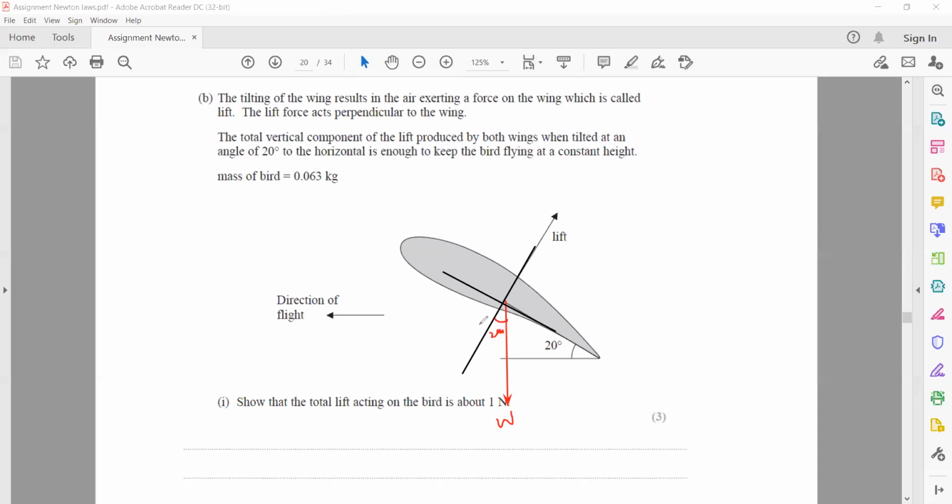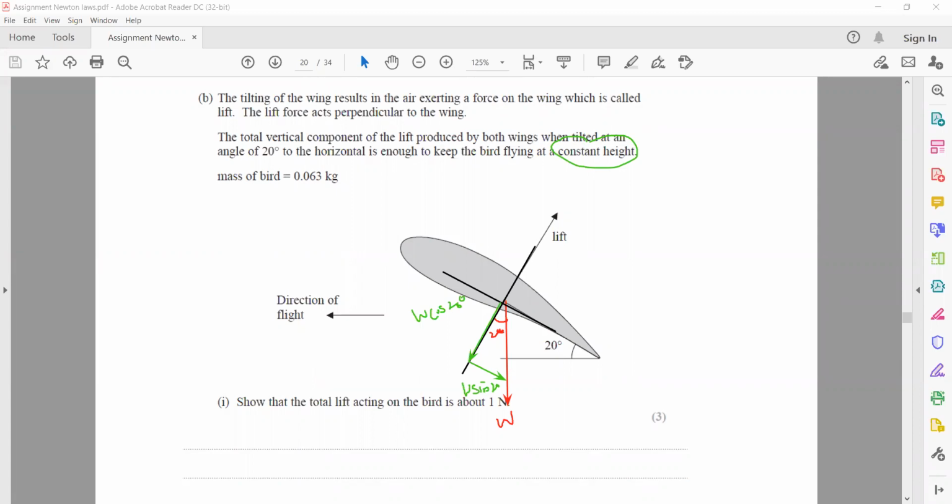The component of the weight which is with the angle, we call W cos 20. And the component of the weight which is against the angle is W sin 20. Since the bird is at a constant height, the lift matches W cos 20.